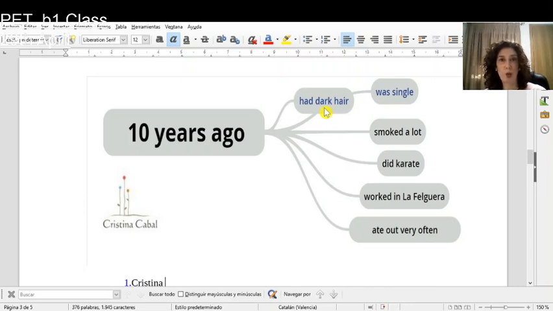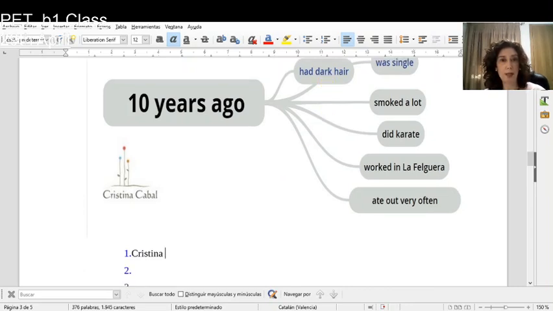Es un hecho tener o no el pelo oscuro. Entonces, Christina, me gustaría más utilizar simplemente el pasado simple. Had dark hair. Si ponéis used to have dark hair, en este nivel no estaría mal. Pero yo empiezo a decir que no es una rutina, entonces no me gustaría ponerlo. Por eso está en blue color.